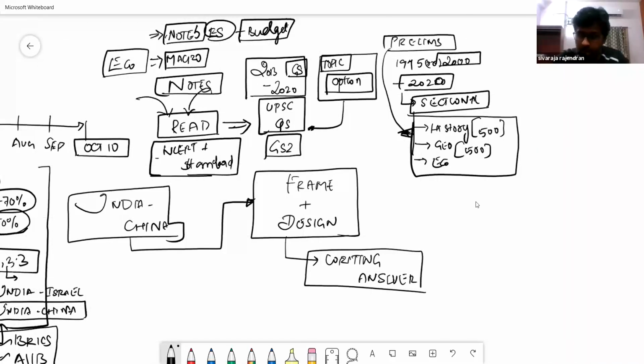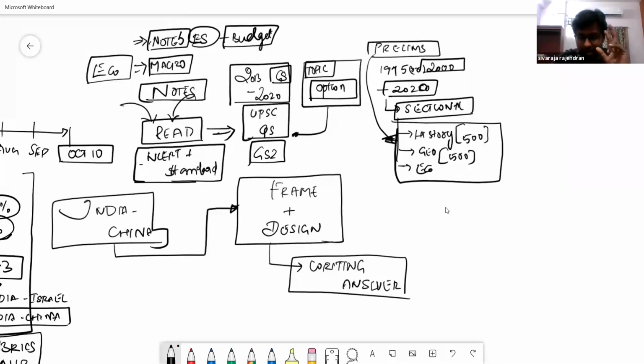For example, I wrote answer writing twice, and I paid a huge amount. In my 8 mains, the mains where I scored the fewest marks was the time I paid for this, because I kept running behind the tests being conducted and writing exams.